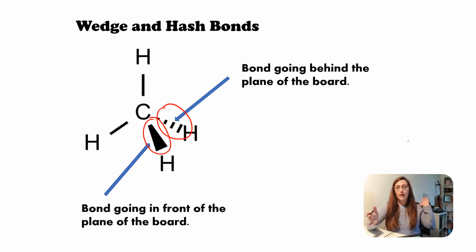So in front and behind, that's all that those mean. And if I take some pens here, I can show you what that actually looks like. So if my fist is the carbon atom, we'll have 1 hydrogen bonded up this way, 1 hydrogen bonded out this way, 1 hydrogen bonded in front of me, and 1 hydrogen bonded behind me to make this nice tetrahedral shape. Alright, that is what our wedge and our hash bonds mean.